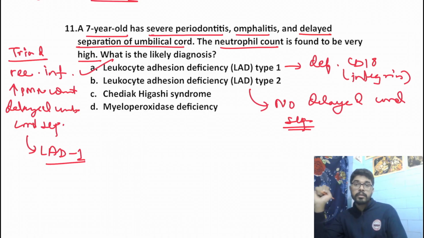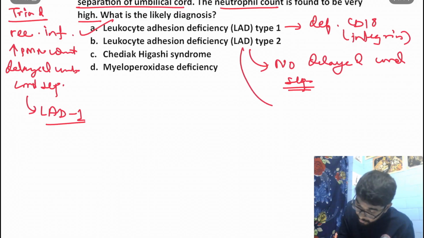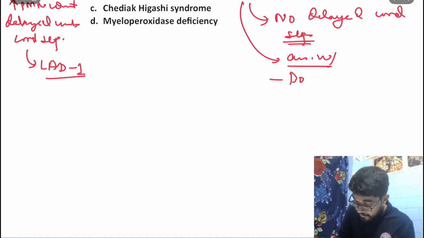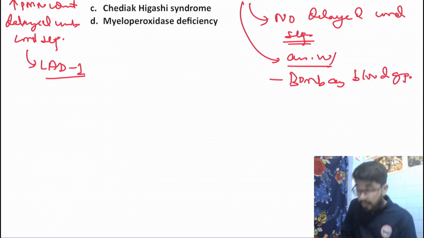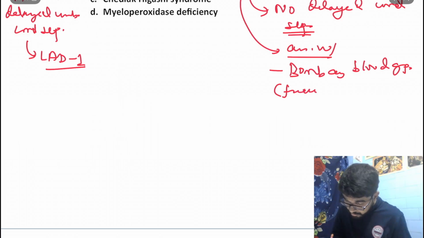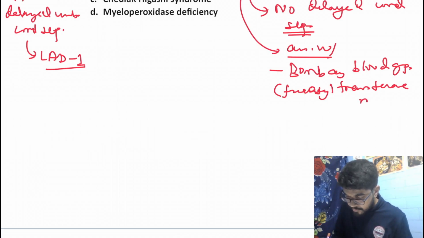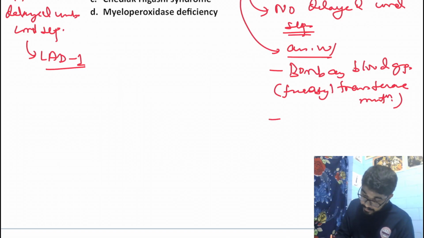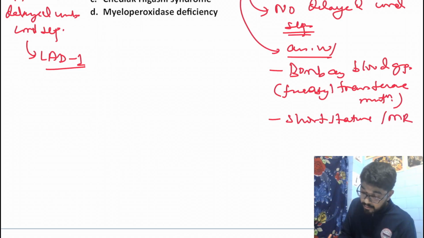And certain important things in LAD type 2: number 1, it is also associated with Bombay blood group. Why? Because LAD type 2 is due to fucosyl transferase mutation. And second, it is also associated with short stature and mental retardation.